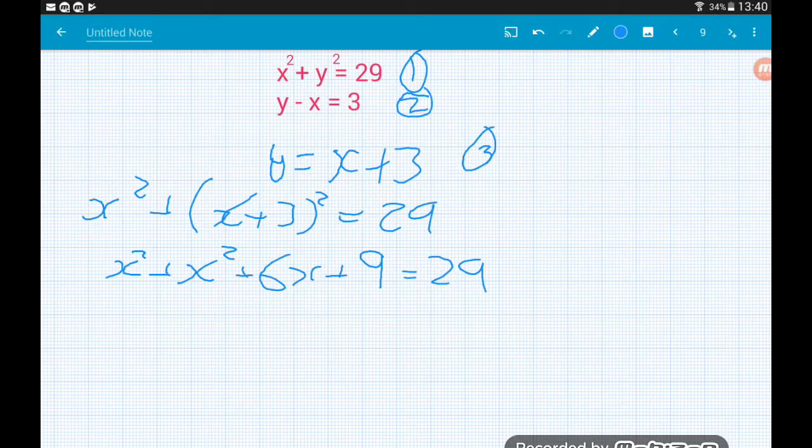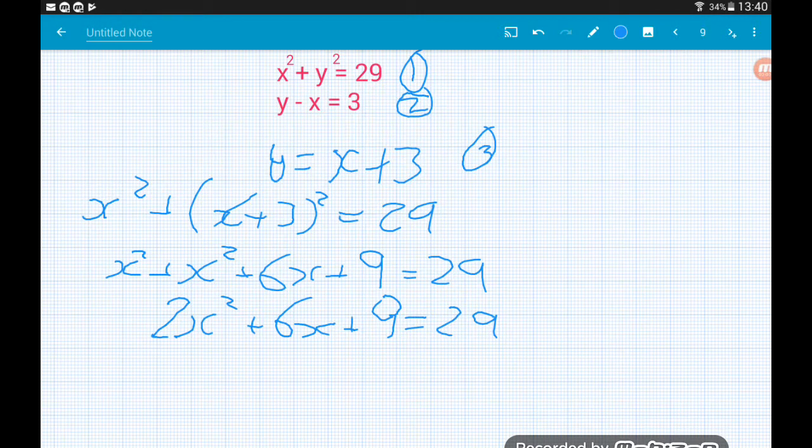Again, if expanding that bracket was at all a mystery, check out my video on quadratic expansions, and hopefully it will clear it up. So now if we simplify the left hand side, we've got 2x squared, we've got a 6x, and we've got a 9, and that's all equal to 29.